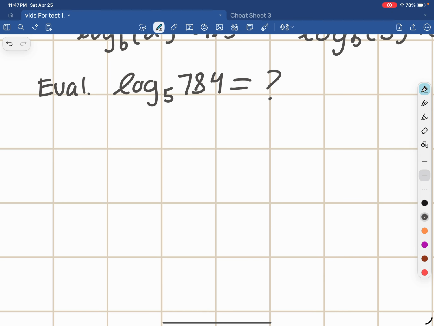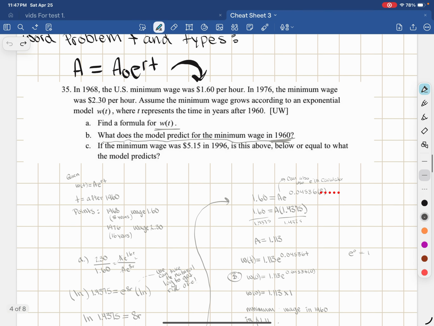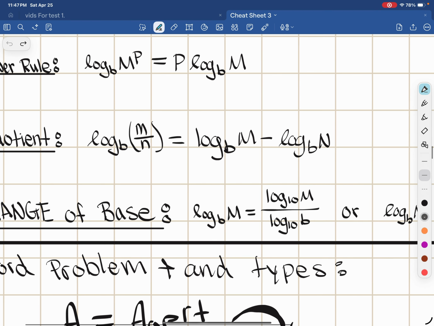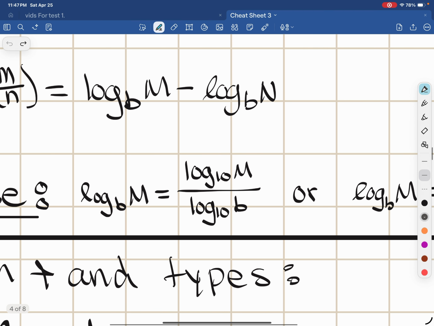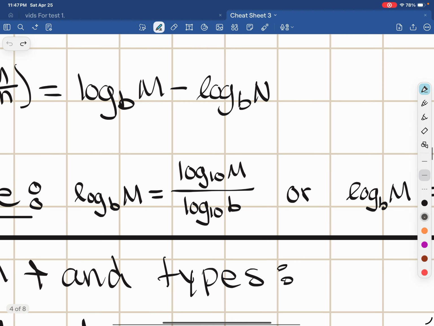So first, what do we realize that we have here? It already requires us to use change of base. And what change of base says is that we can split up our log into log base b in order to be able to work with what we're doing here.